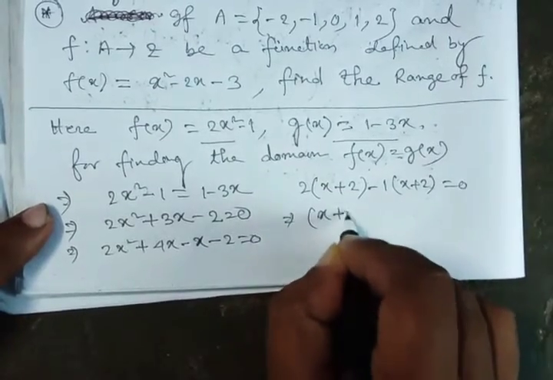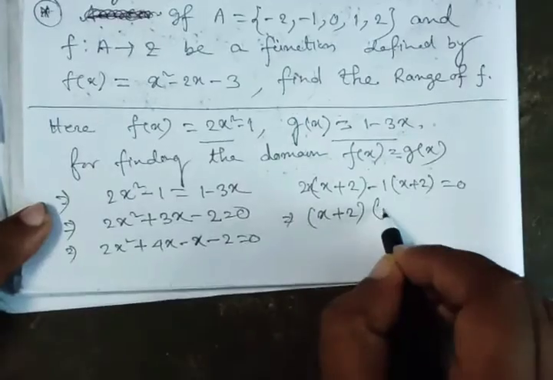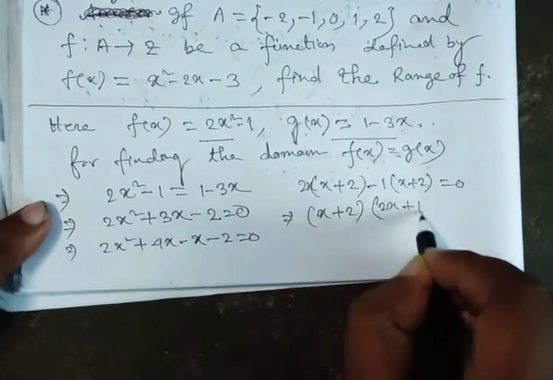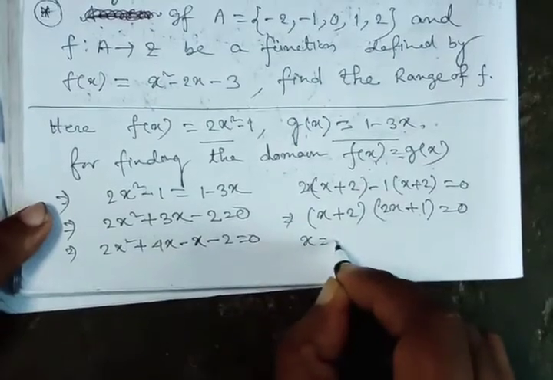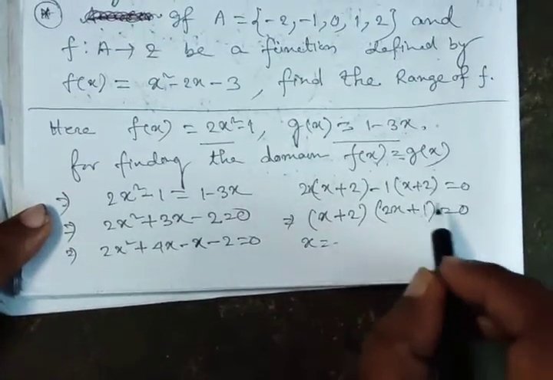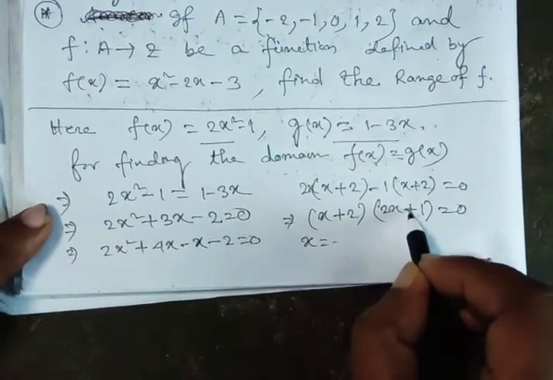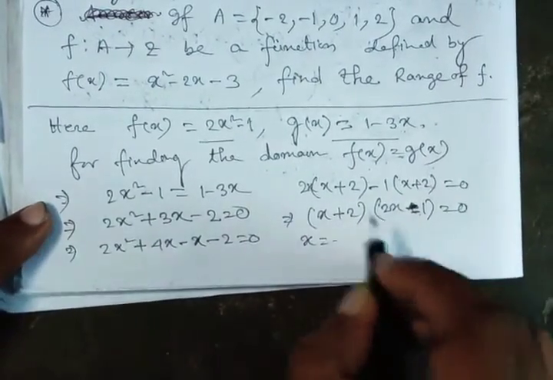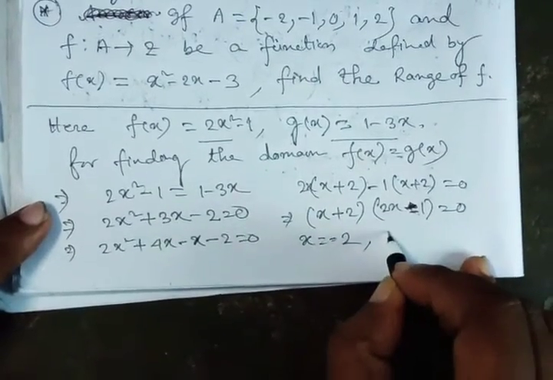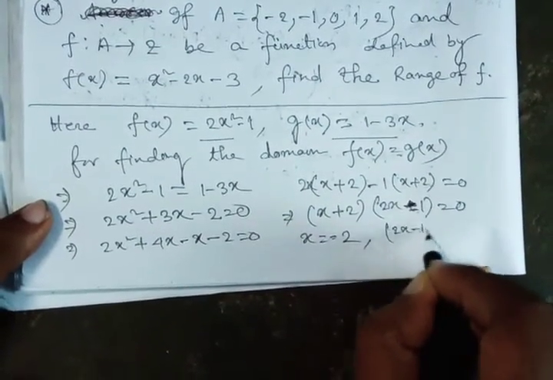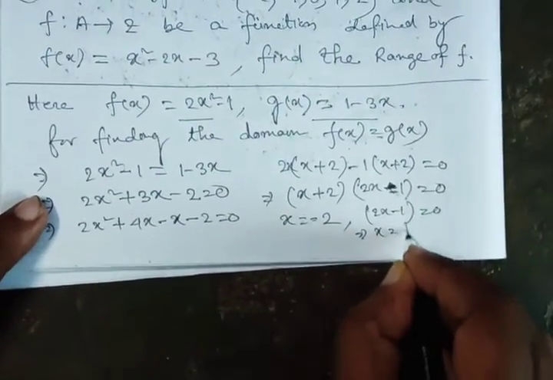So, x + 2 and 2x − 1 equal to 0. So, the value of x would be −2, and from 2x − 1 equal to 0, we are getting x is equal to half.